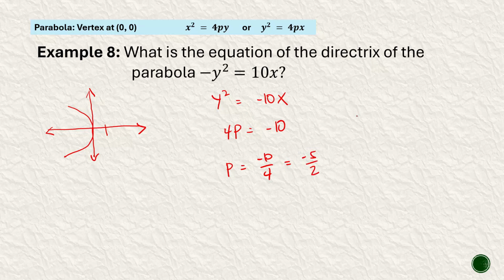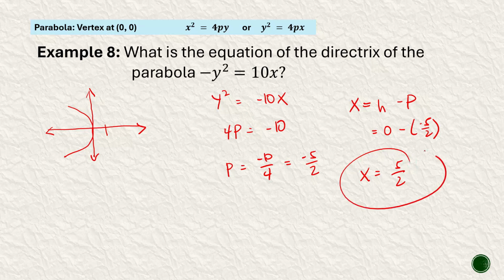The general formula for the directrix of a parabola that opens sidewards is x equals h minus p, but h is 0, so it's 0 minus negative 5 over 2. That means x equals positive 5 over 2.